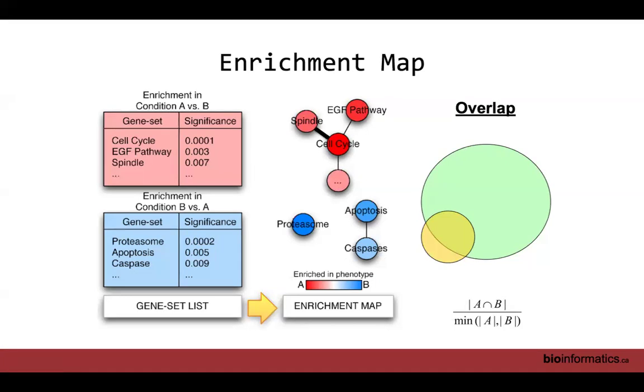But basically, the calculation is just looking at the number of genes that the two sets have in common and dividing it by the minimum. So the Jaccard looks at the union of the two sets as being what you divide by, and the overlap looks at the minimum of set A or set B in order to give a percentage, I guess, of how that overlap represents the commonalities between the two gene sets.